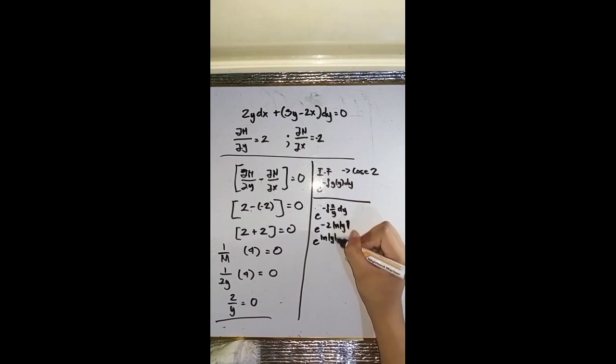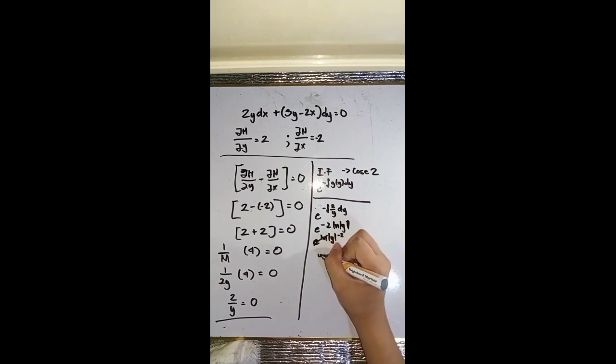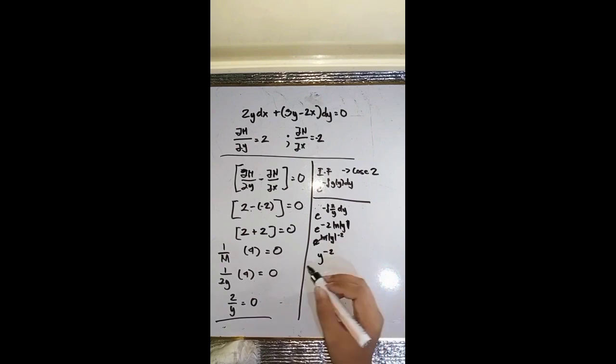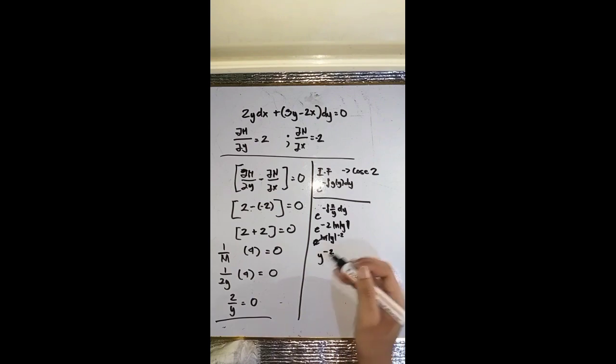So e to the ln y to the negative 2 will result in the cancellation of e and ln, and we'll get our integrating factor, which is y to the negative 2, or in simpler terms, 1 over y squared.